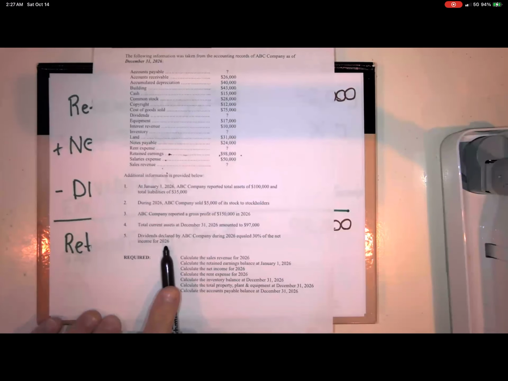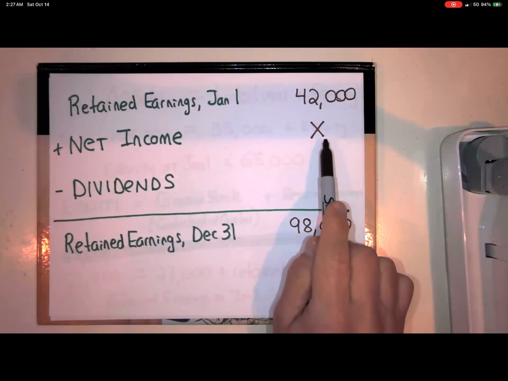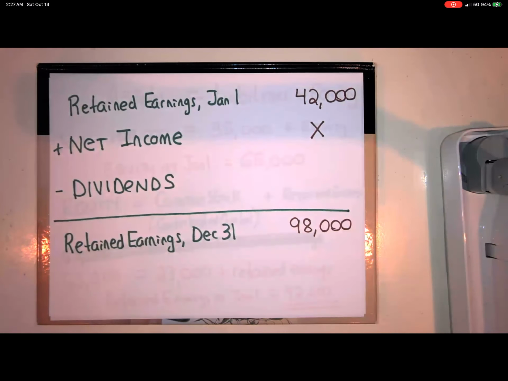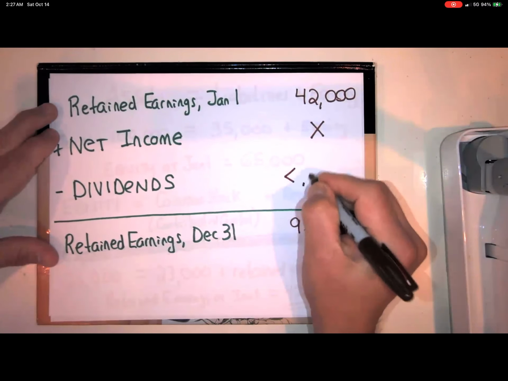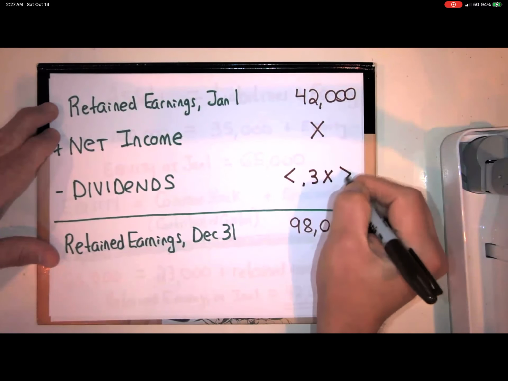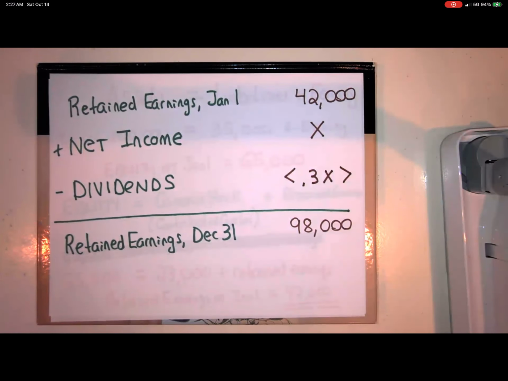Tells us the dividends were equal to 30% of the net income. And we call the net income X. So let's call our dividends 0.3x, 30% of the net income. I'll solve it in a second. But are there any questions on the logic that he used to make use of this equation?